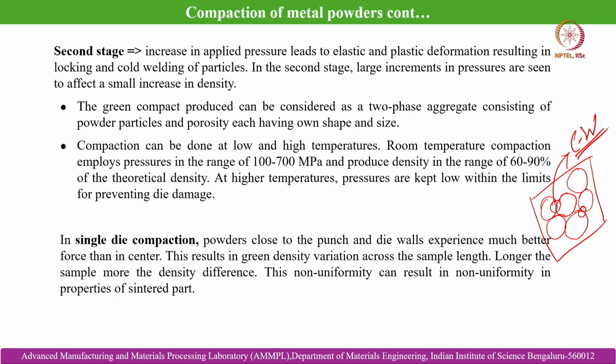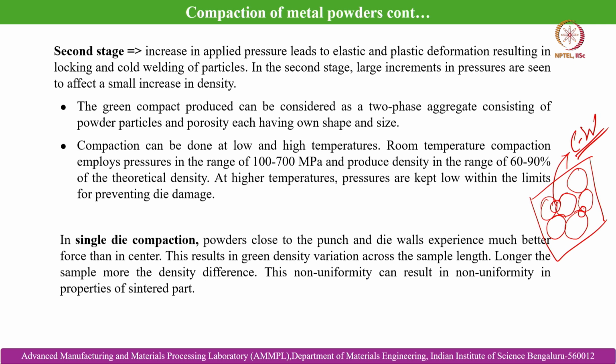Hence, for achieving density, higher pressure is not required in that case. Moreover, in higher temperature processes, higher pressure can also lead to damage and failure, with crack initiation at the locations where the punches are interacting with the die.